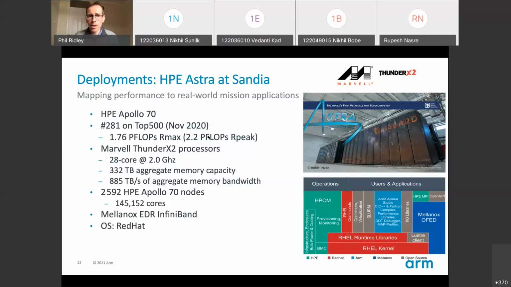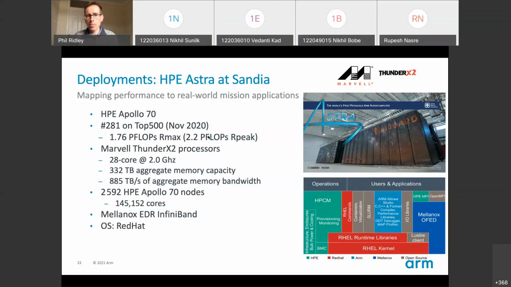National Labs. This came out around 3 or so years ago. The machine itself is housed as an HPE Apollo 70 system. So HPE worked with Marvell, who designed the processors, who were using one of ARM's architectural licenses to do this.